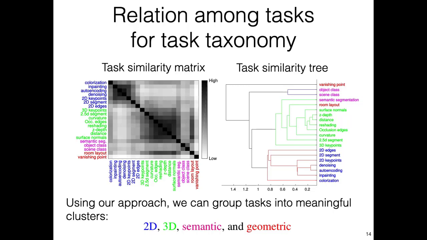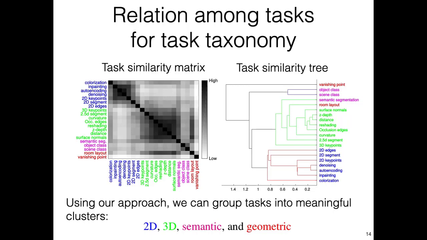So we have models trained on different tasks, and then we get the activations at the encoder for a subset of the images, and in this case we only use 500. We did an analysis and 500 is good enough, so it's very fast to compute this matrix.